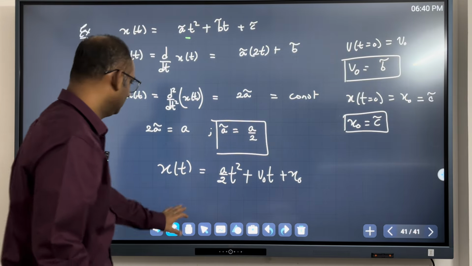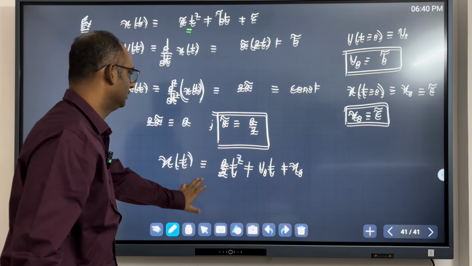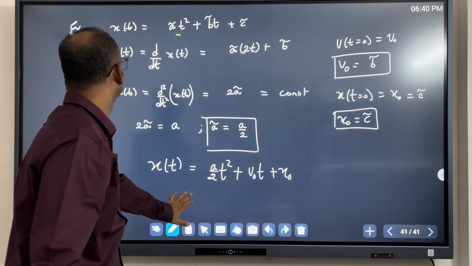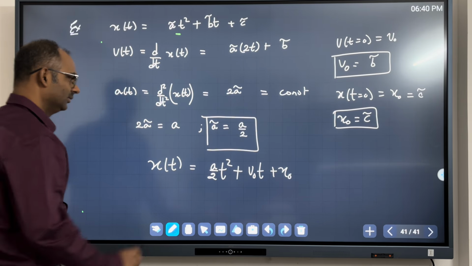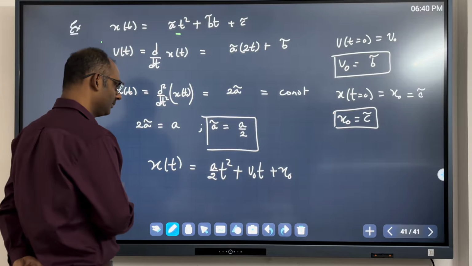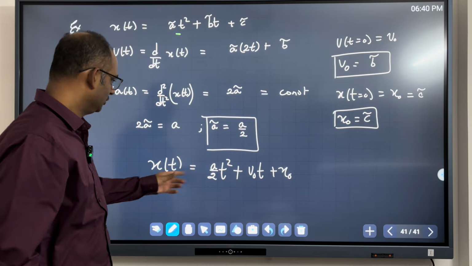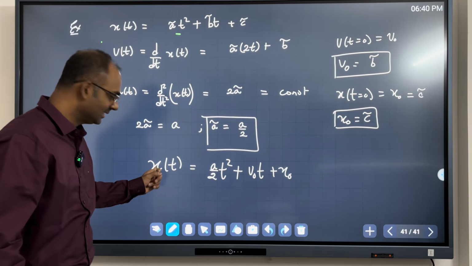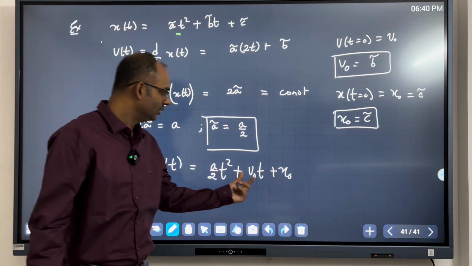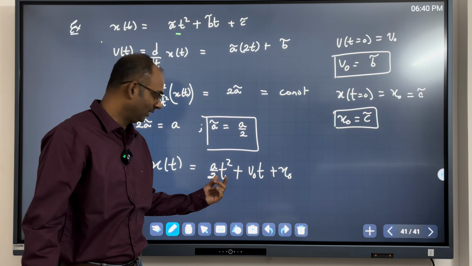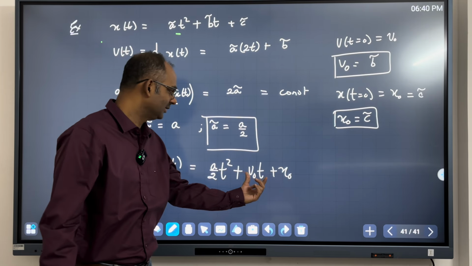I'll write it like this, if you want to. You might recall this formula: S is equal to ut plus half at square, or S is equal to S naught plus ut plus half at square.